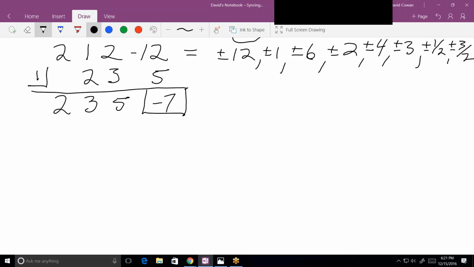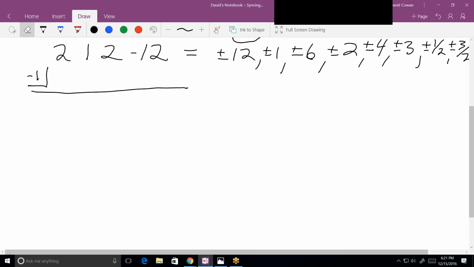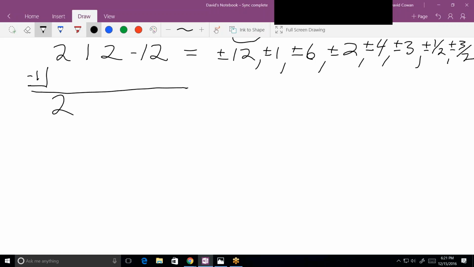Therefore, 1 is not a 0. Let's try minus 1. Believe it or not, this is the way it has to be done. I'm not going to do all 16 of them. I'm going to graph it and see where the 0 is, and then I'll know which one to pick. That also is not a 0.